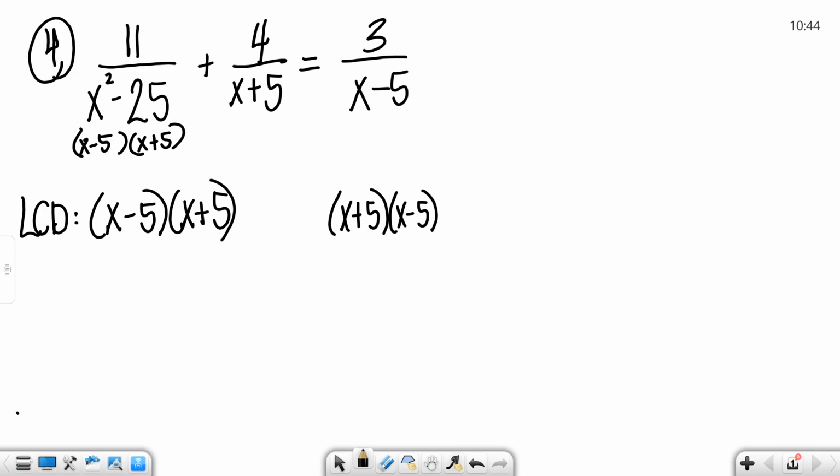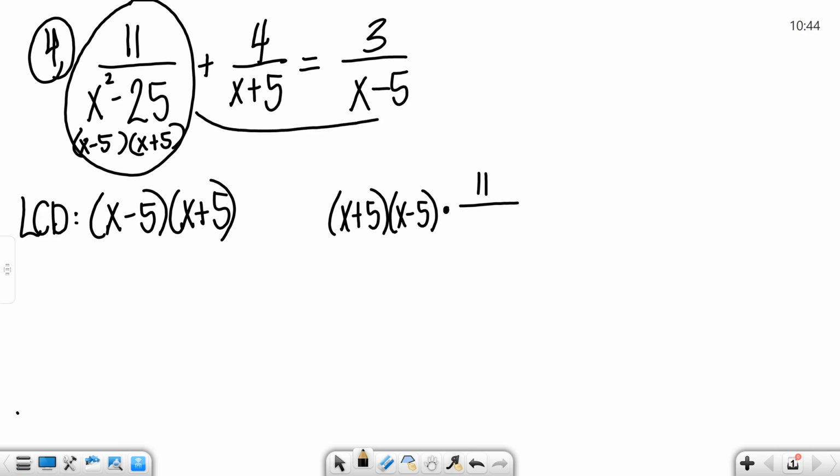All right, so there's my least common denominator times 11 over. Now when I write this fraction over here, I'm going to write the factored denominator. Okay, x squared minus 25 is that denominator. Okay, this is my least common denominator.